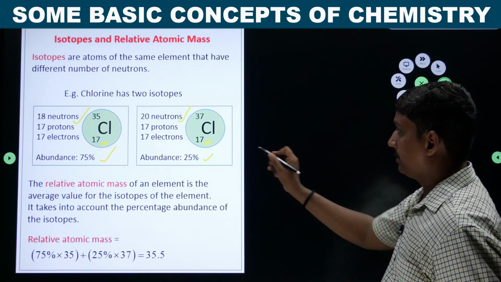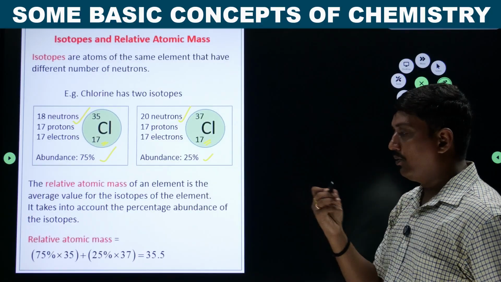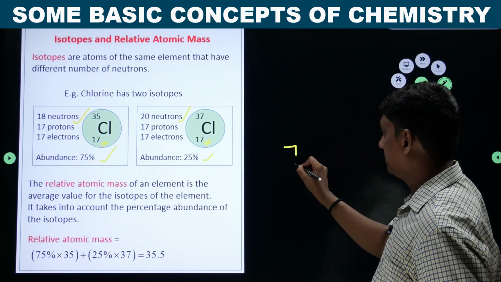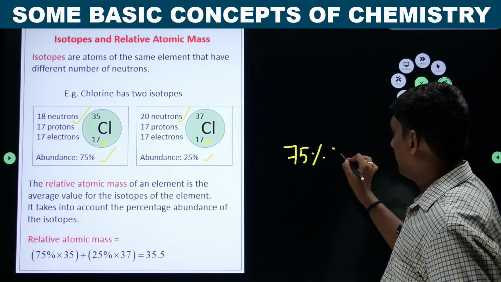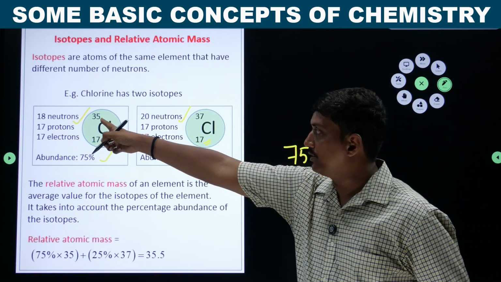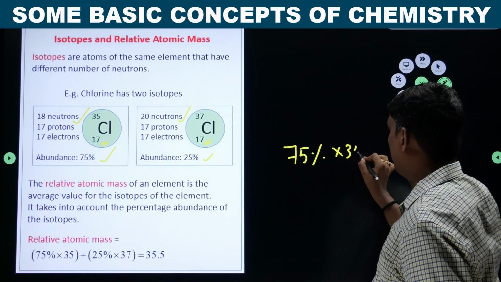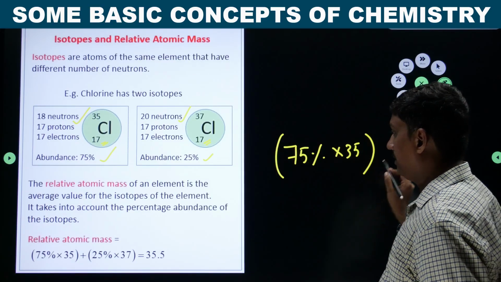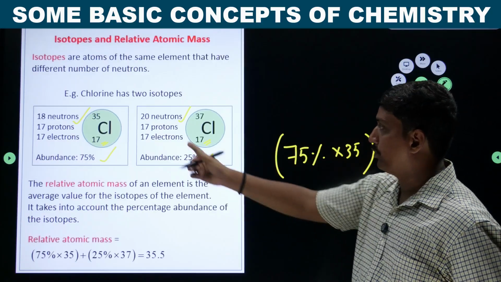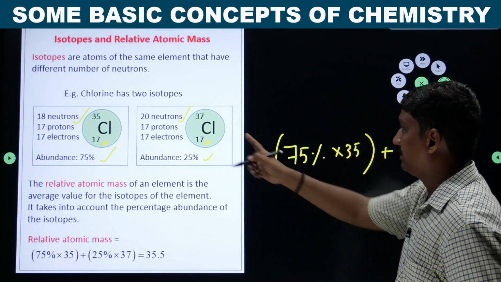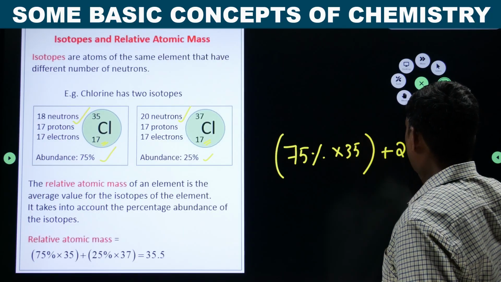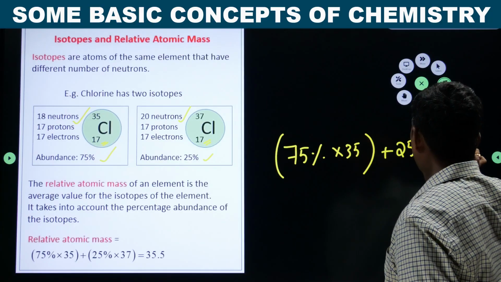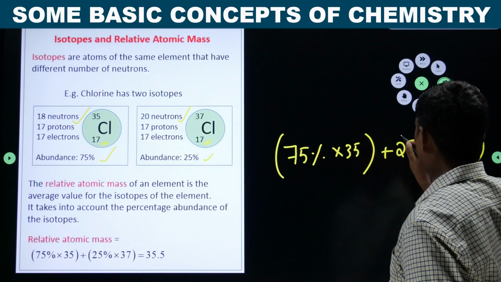For example, I take chlorine 35. What is the percentage abundance? 75%, into its mass number, 35, plus one more isotope, chlorine 37. What is its abundance? 25%, into 37.